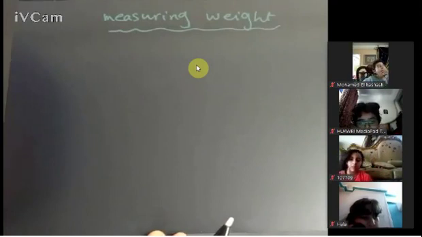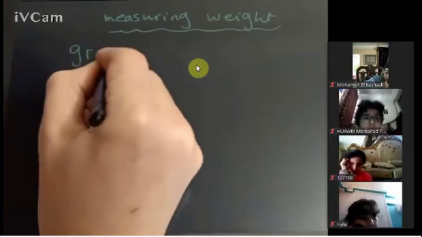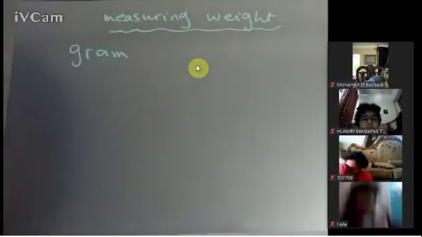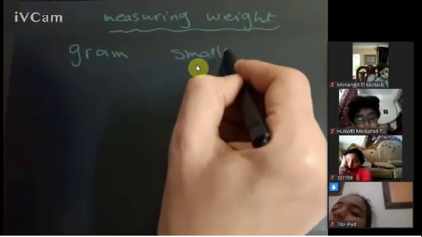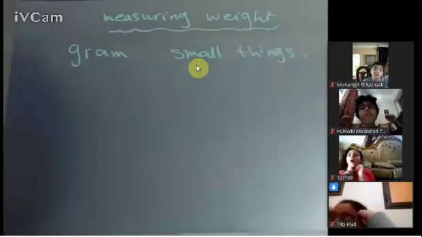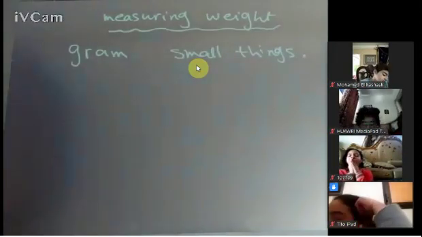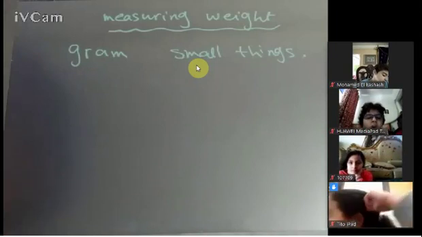For the light things like a pen or a book or a notebook or the jewelry, we can use gram. So gram is for the light, small things, like a pen, a paper, or jewelry like a ring or necklace.